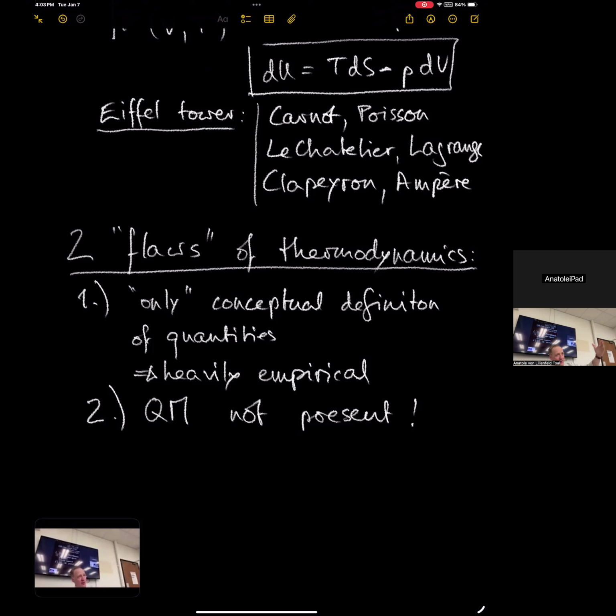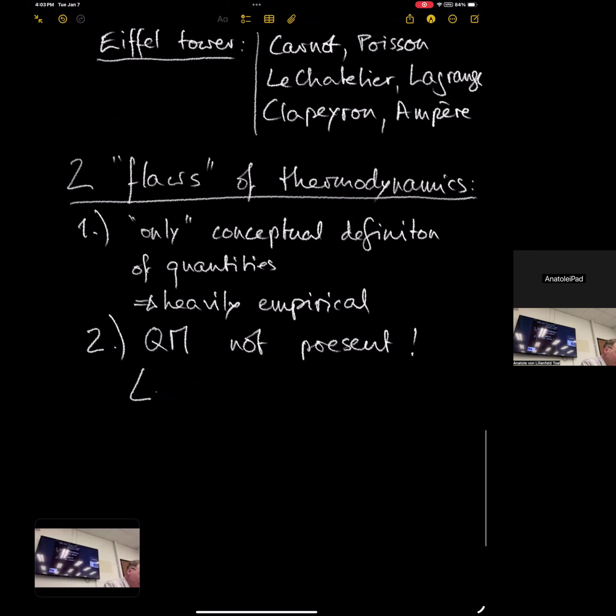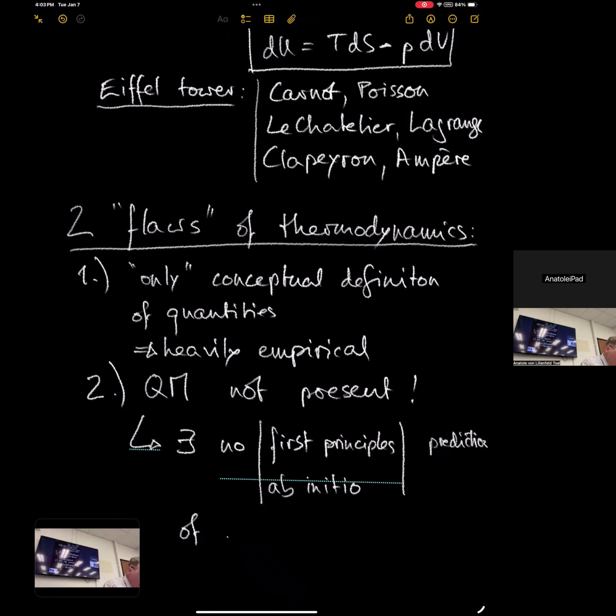It's wrong, or it falls short, right? We should be focusing on our most current view on things. So QM is not present, and so there is no first principles, or we also call this ab initio in Latin, if you want to be fancy, prediction of properties.